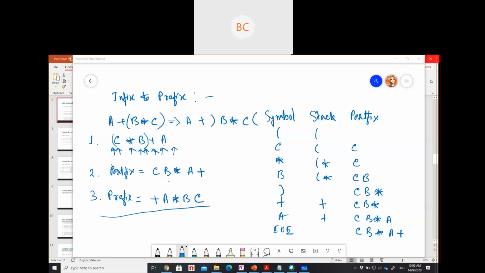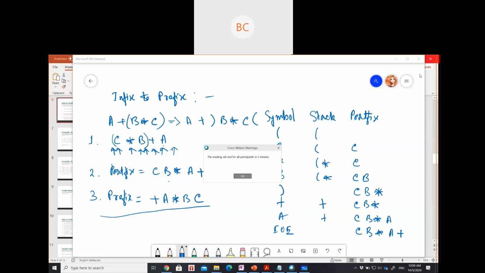Let me reverse the expression first. Yes. I can show you another example if you want. Do you want me to show another example? Or is it clear? For infix to prefix. I can show another example.